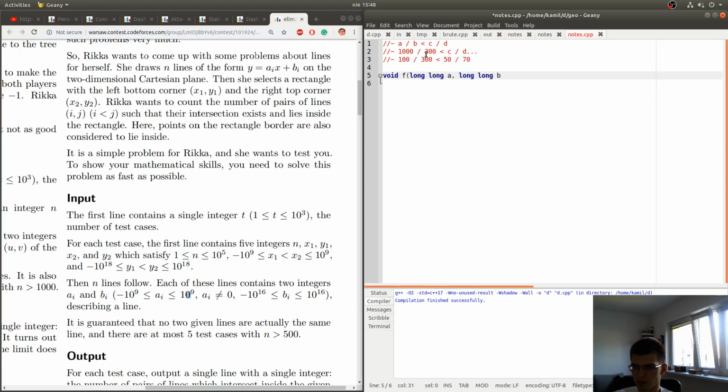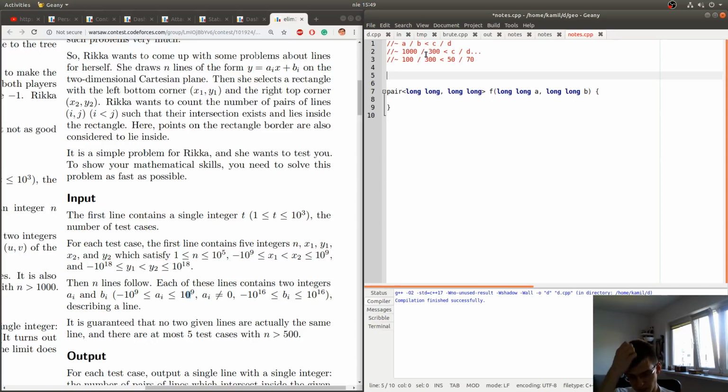Let's later think what exactly I want to do, but given two numbers A and B, I want to return them in some form, some type representing int 128. So actually let's return a pair of long longs, and let's see what it would mean.